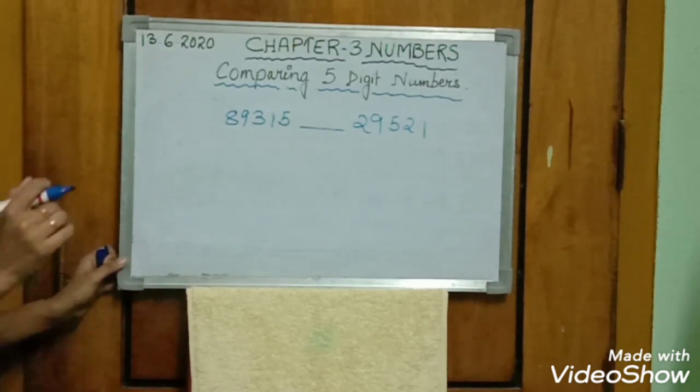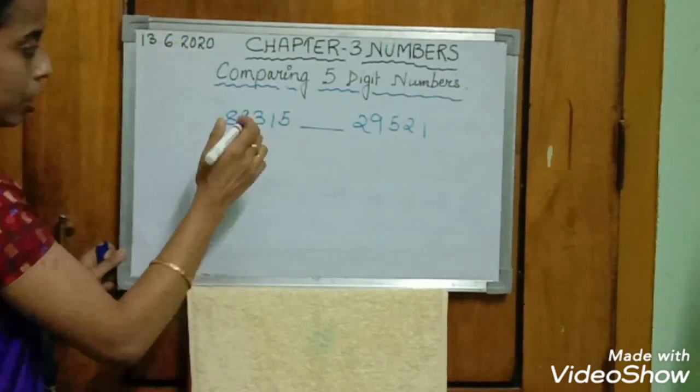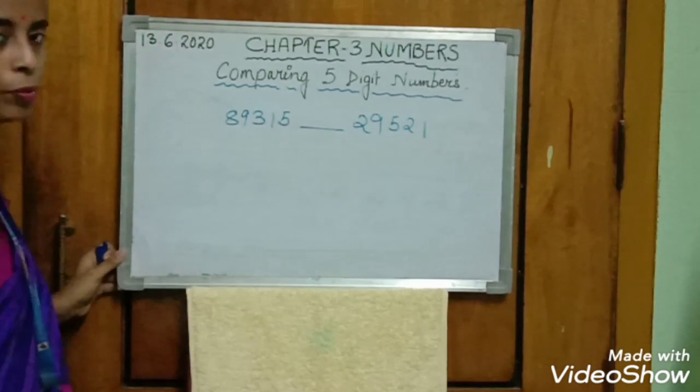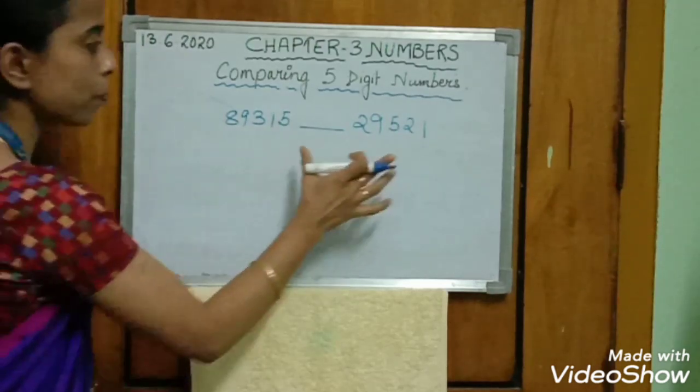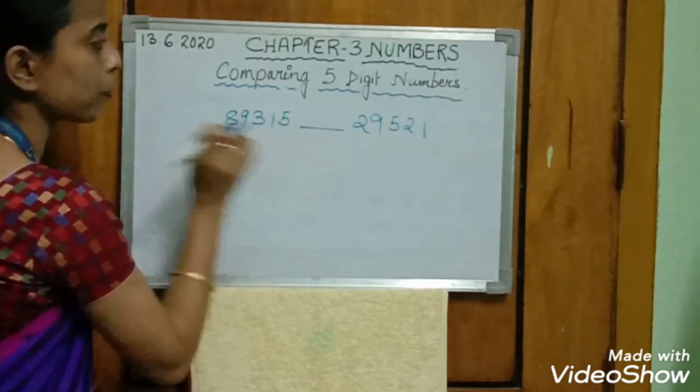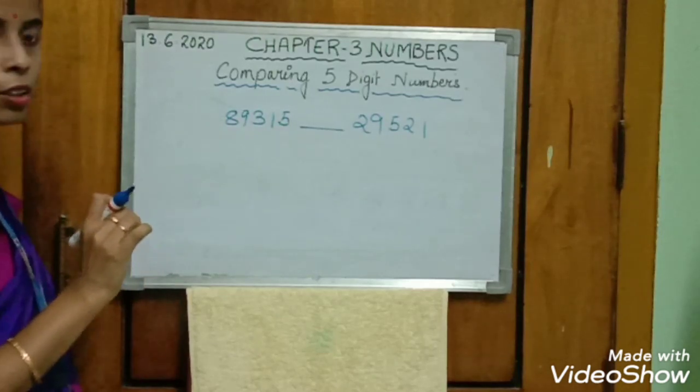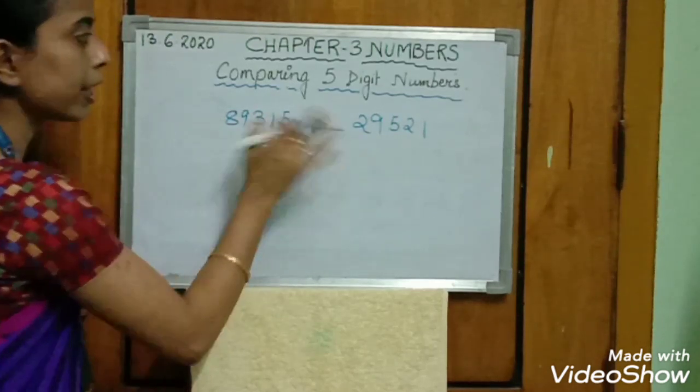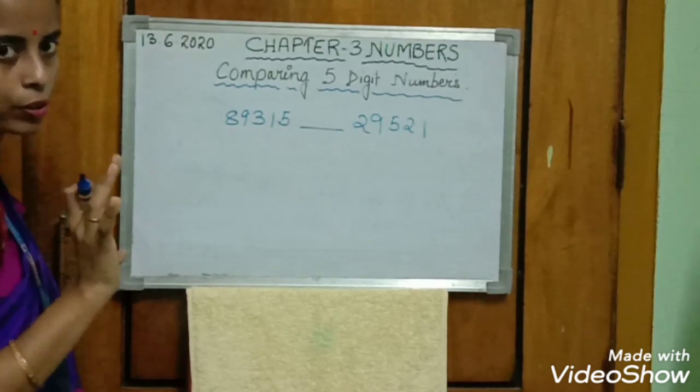Now, here you see, both are 5-digit numbers. So, by looking at their place value, we can easily compare these 5-digit numbers.